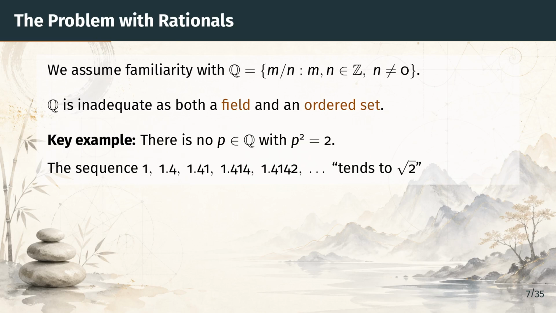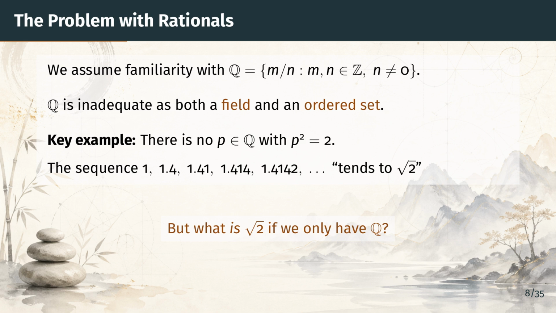The striking illustration of this inadequacy is that there is no rational number whose square equals 2. We can write down better and better decimal approximations: 1, 1.4, 1.41, 1.414, 1.4142, and so on. This sequence seems to tend toward the square root of 2. But this raises a deep question.